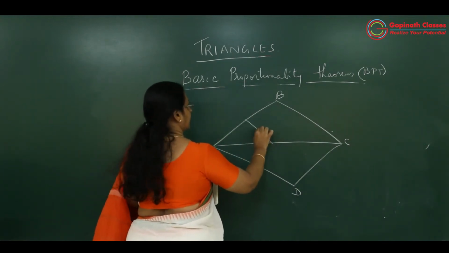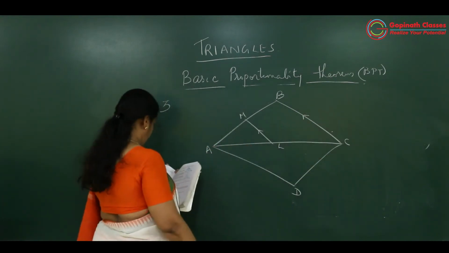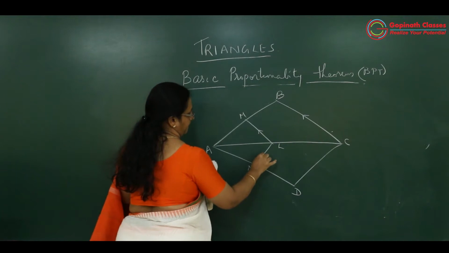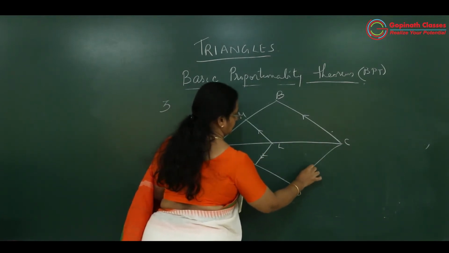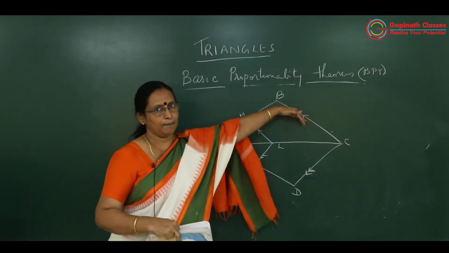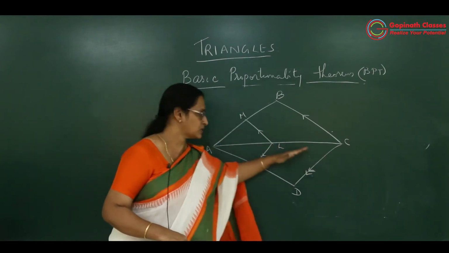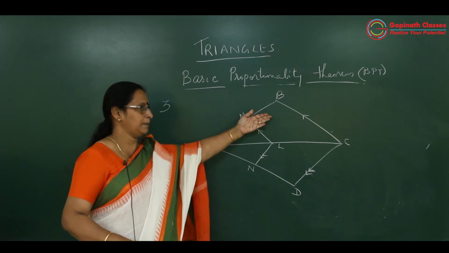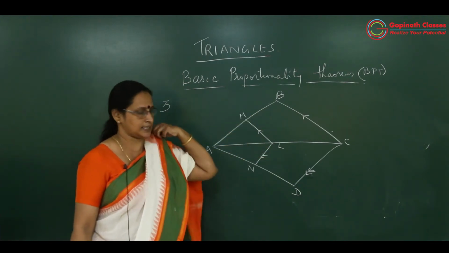LM is parallel to CB and LN is parallel to CD. So these two things are parallel, so we can apply BPT. Likewise, these two are also parallel, so we can apply BPT in this triangle. In ABC, we'll apply BPT. Also, we apply BPT in ACD. So we get the result.